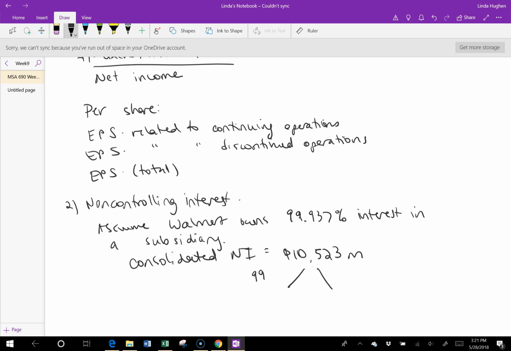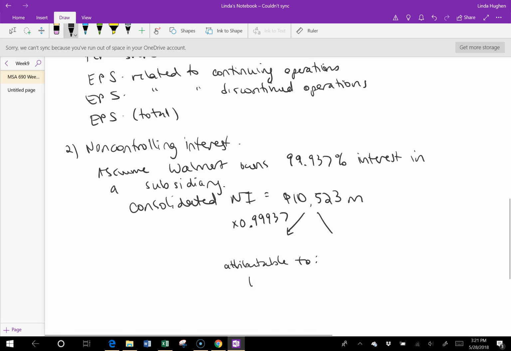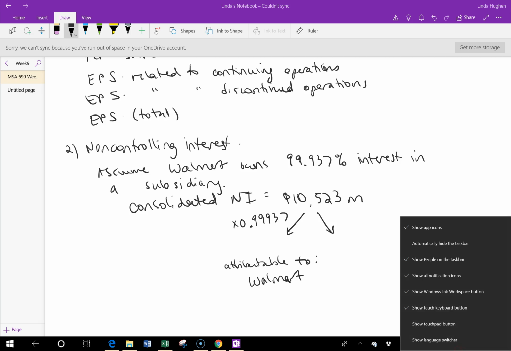Well, 99.937% is attributable to Walmart. And the remaining portion is going to be attributable to the non-controlling interests.